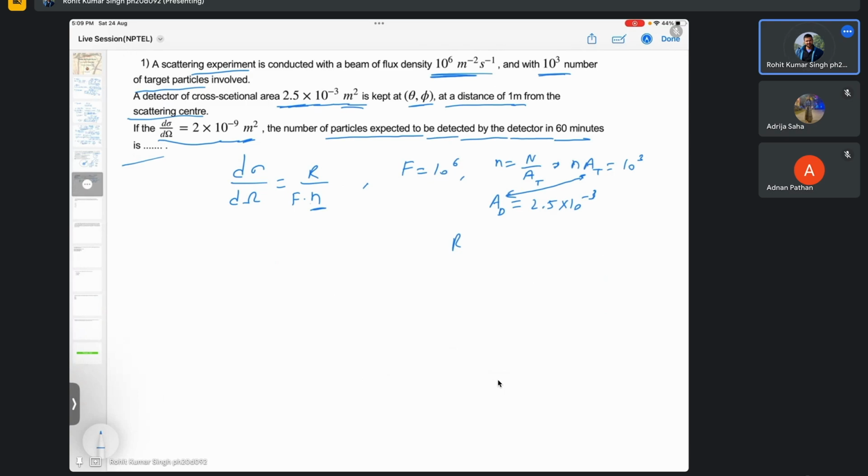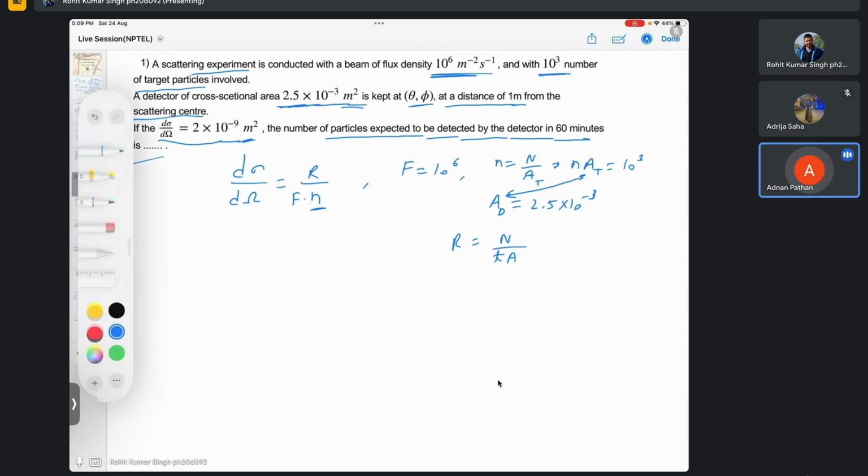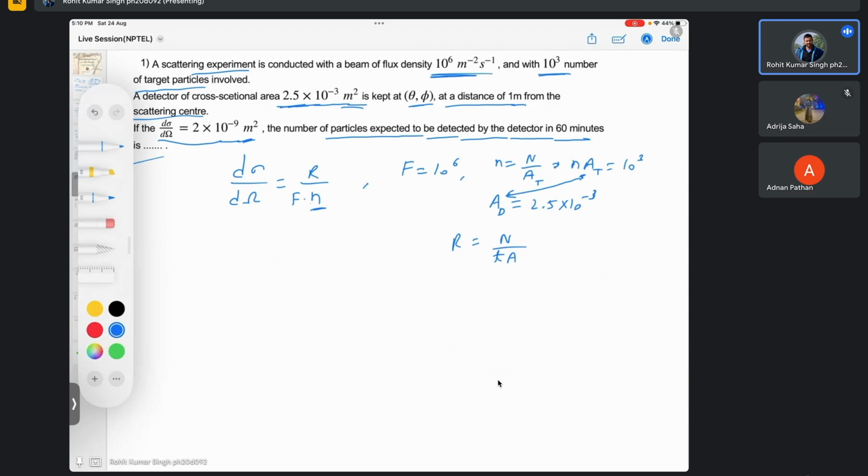The rate is the number of particles per unit time per unit area. For 10 power 3, it's written with 10 power 3 number of target particles involved. So that means these number of particles are involved in the scattering experiment, and we can just take n equals 10 power 3.